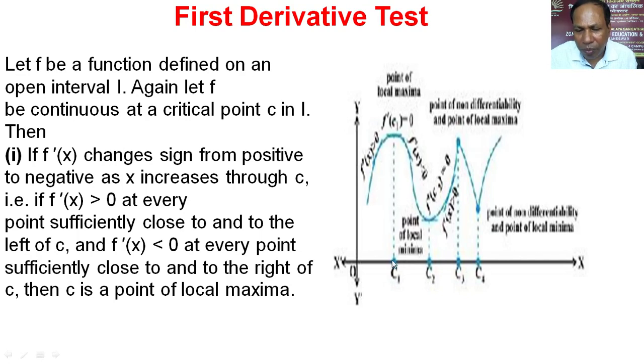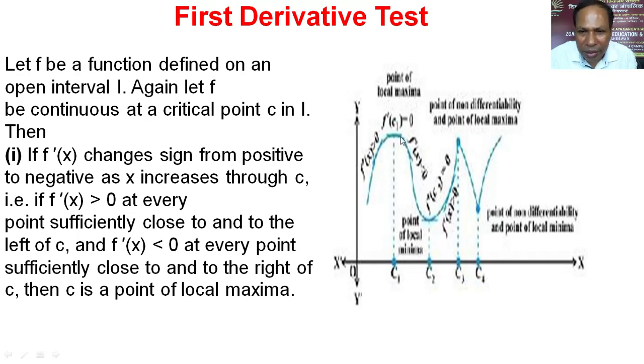And suppose the derivative of the function does not change sign, then we say point c is the point of inflection. So after equating the derivative of the function to 0, we get the critical points. At these critical points, the function will be either maximum or minimum, or these points will be the points of inflection.